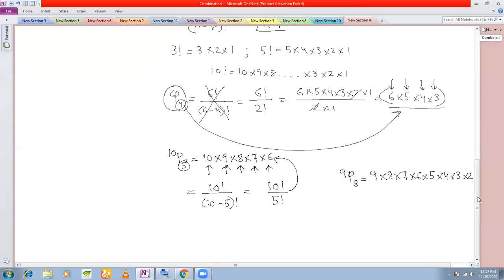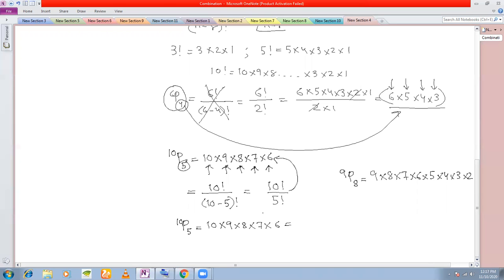Now, a very important observation here is that for 10p5, I'm writing this as 10 into 9 into 8 into 7 into 6. Yes, you can also write it that way.